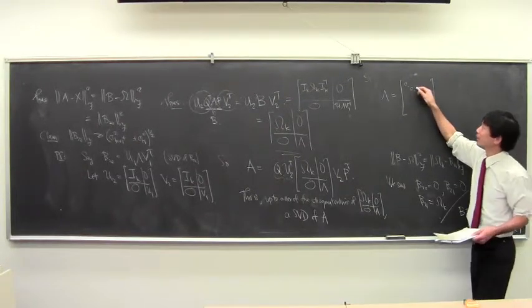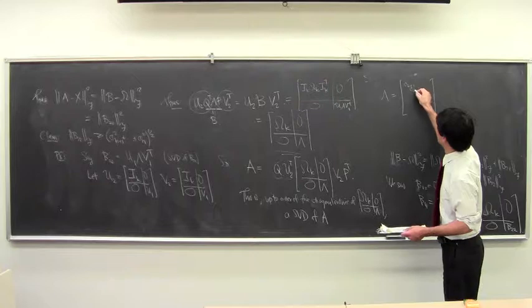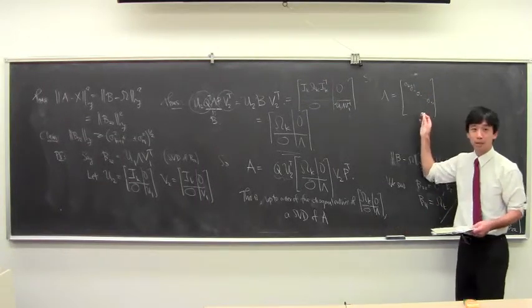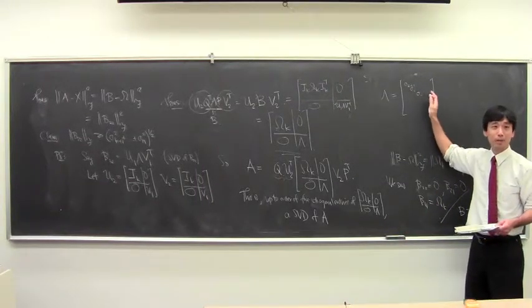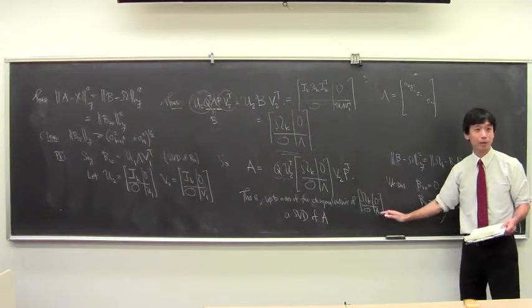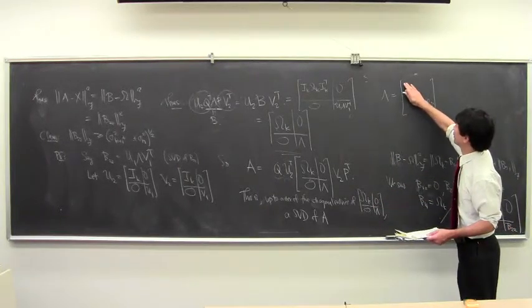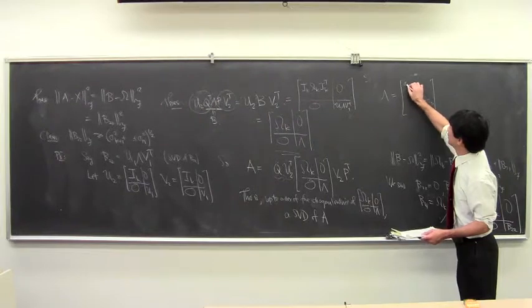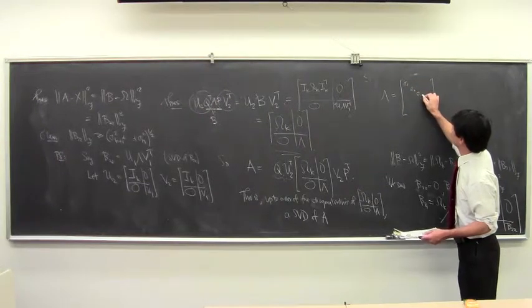So that's why I'm not. You might think, why isn't he writing just k plus 1 through n? That's because I don't know. These guys might not be in the right order, so I'm just going to put dots there. I'm going to call it lambda dot, lambda dot, lambda dot.